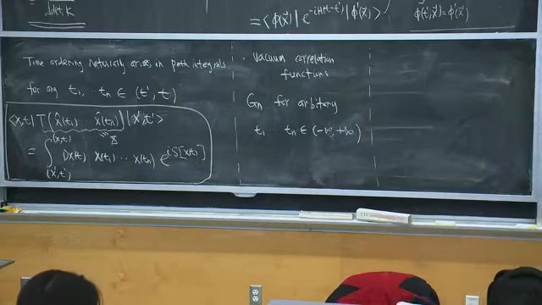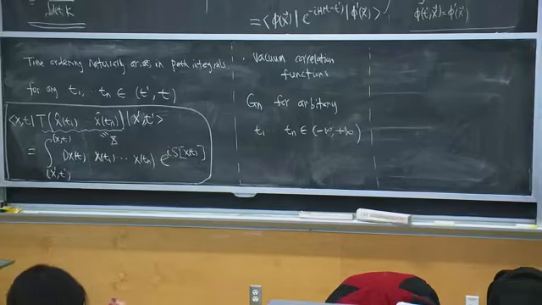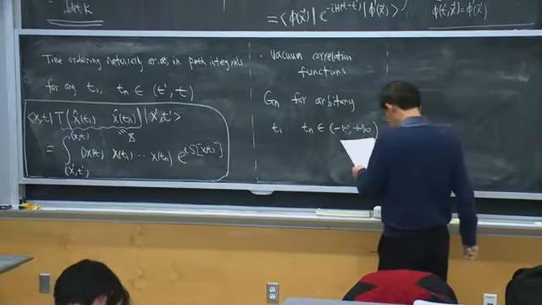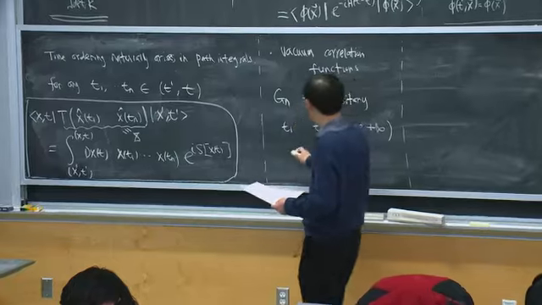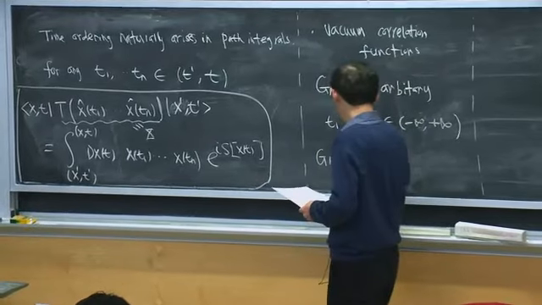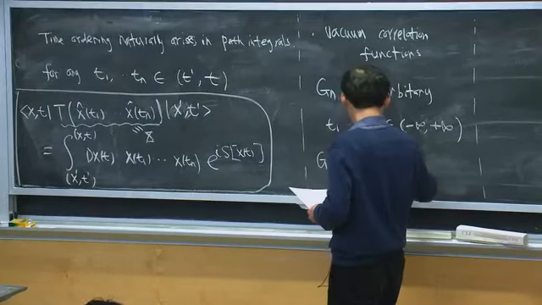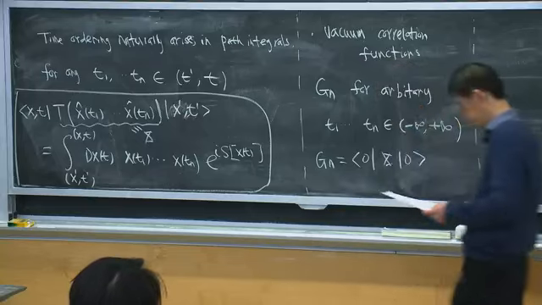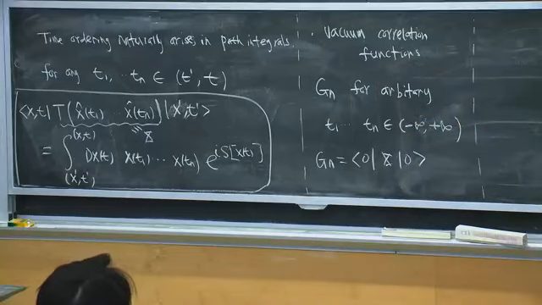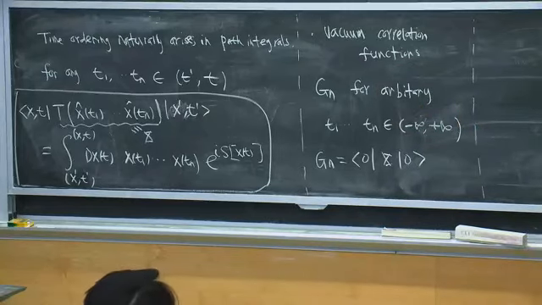So we want to compute this, and Gn using our notation is now equal to 0, X, 0. I denote 0 for the vacuum.